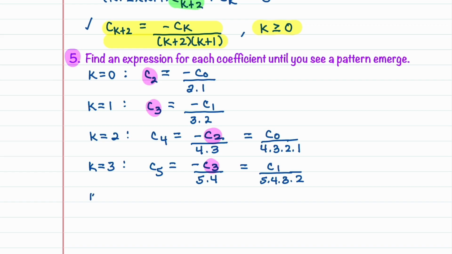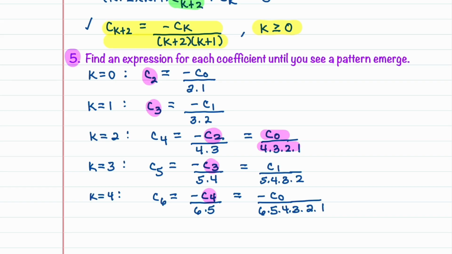Let's now do k is equal to 4. So we have c6 is equal to minus c4, all divided by 6 times 5. I feel like we're beginning to see a pattern emerge. Now we're going to substitute in for c4, which is this part over here. We don't have negatives that are going to cancel, so this one does have a negative, so this is minus c0, all divided by 6 times 5 times 4 times 3 times 2 times 1.